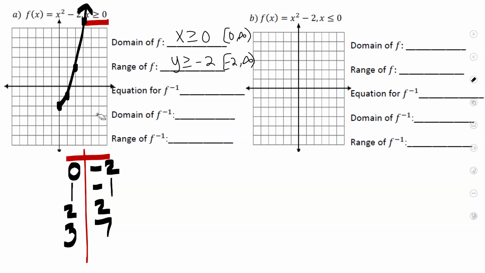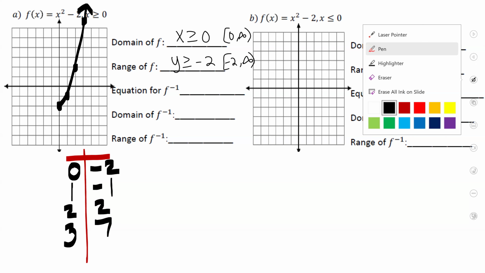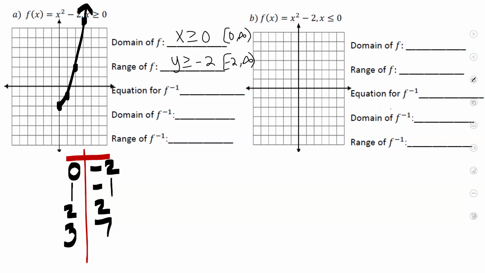Let's give the inverse equation. So let's do some algebra. For the inverse equation, we're going to switch x and y, so it'll be x equals y squared minus 2. What do I do first? Add 2.